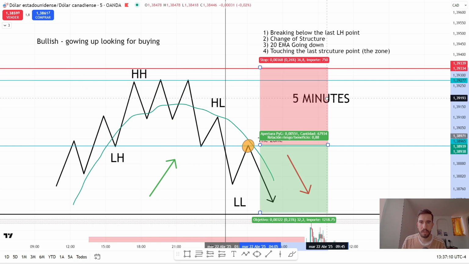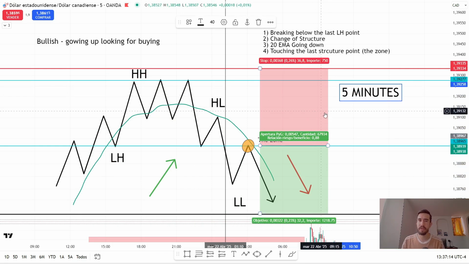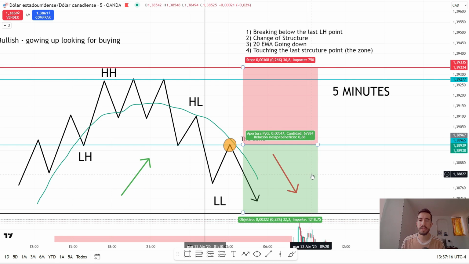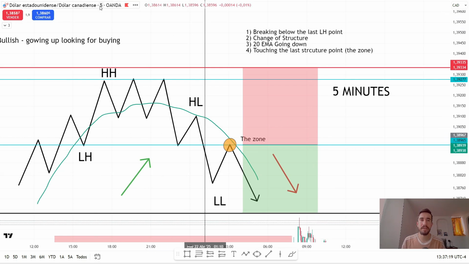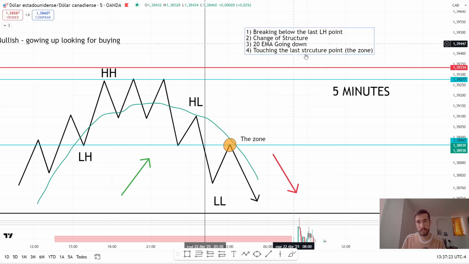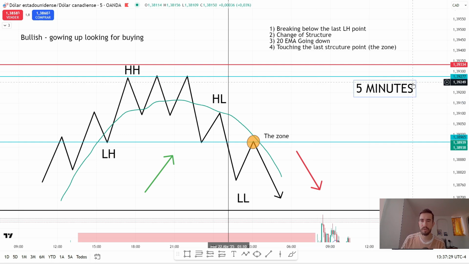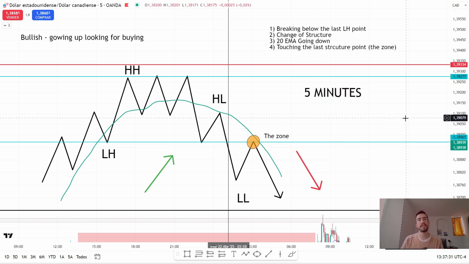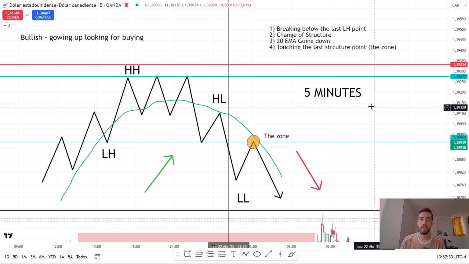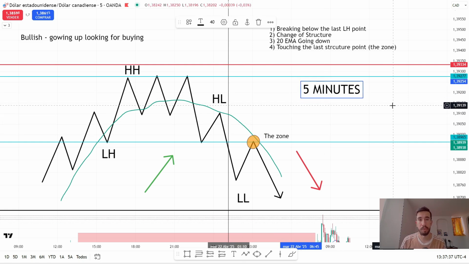Always set your stop loss based on your entry time frame, but always set your take profit based on your 4 hours time frame. In the time frame where you look for direction, you set your take profit, and in the time frame where you look for the entry, you set your stop loss.